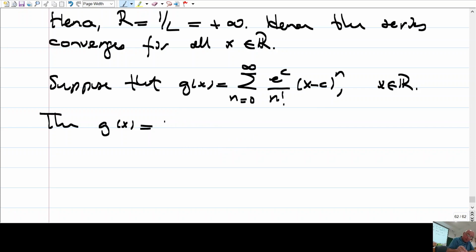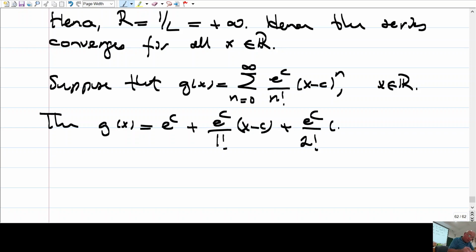When n equals 0, you get e to the power c, then e to the power c over 1 factorial times x minus c, e to the power c over 2 factorial times x minus c squared, e to the power c over 3 factorial times x minus c cubed, and so on.